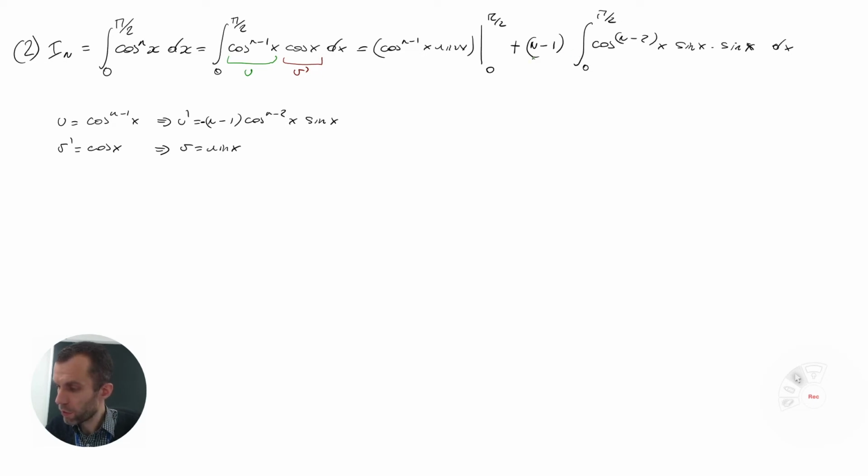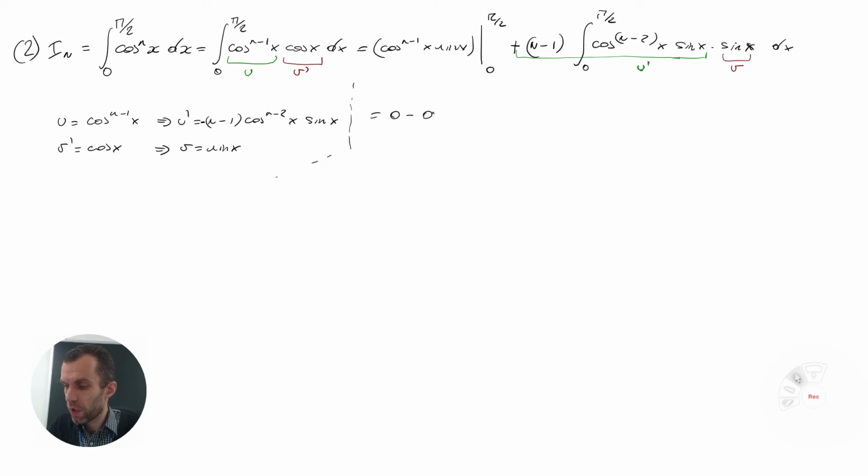So in other words, this whole thing, including the sine, comes from u prime, and this thing right here, that's v. Now we can actually calculate what that is. If you substitute x is pi over 2, cosine is going to become 0. And if you substitute x is 0 for the lower bound, sine is going to become 0.